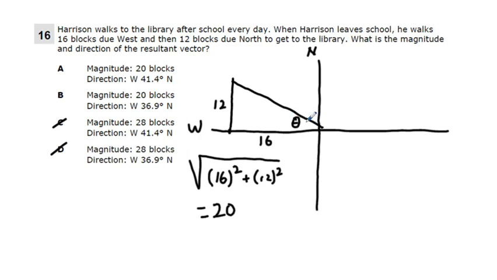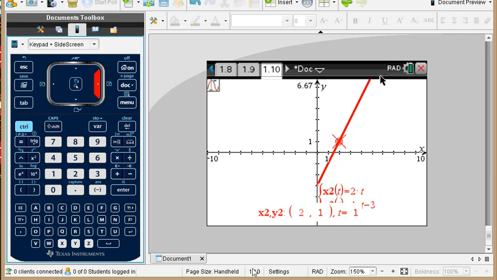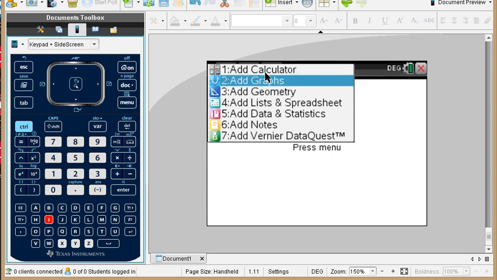We went north 12 and west 16. So inverse tangent of, go here, Control I, we get inverse tangent of 12 over negative 16.